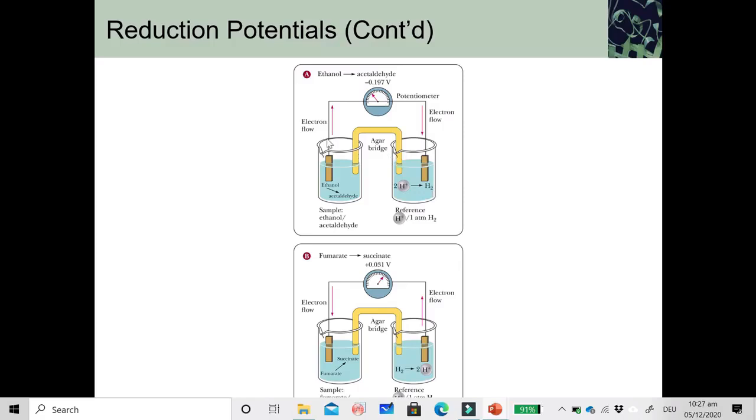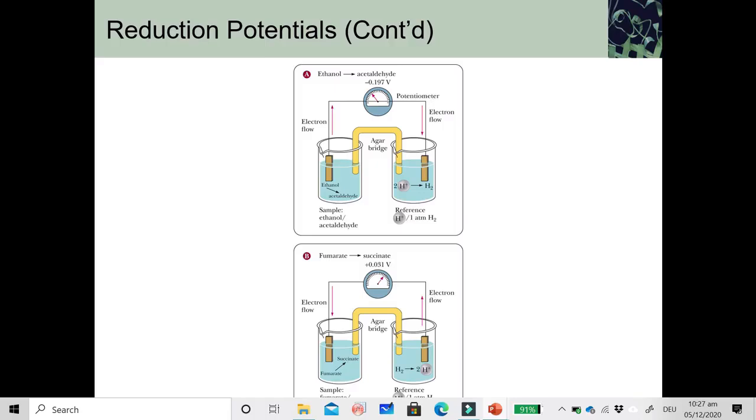And then you connect that with a solution containing, for example, the redox couple, or rather the substance that you want to either undergo oxidation or reduction.